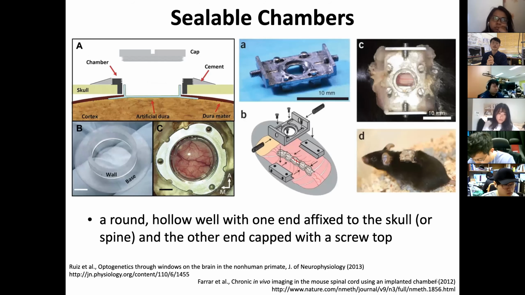So first, chambers. The left one is, in fact, a figure for a monkey. When we study monkey neural activity by imaging, we sometimes use this one. You can see the skull is gone over here. By using a drill, we remove part of the skull over a specific brain region of interest.